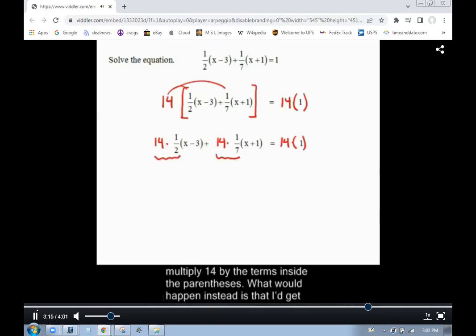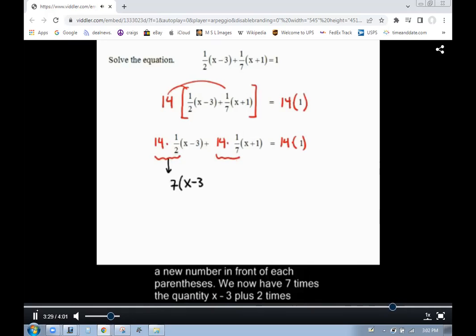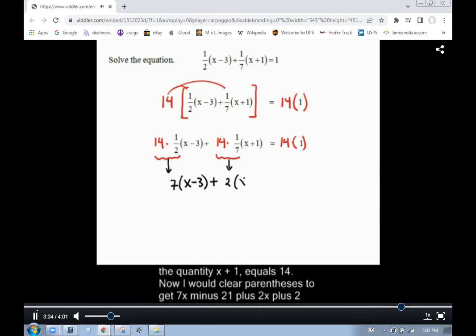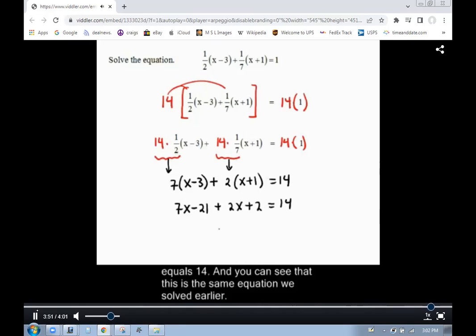I wouldn't actually multiply 14 by the terms inside the parentheses. What would happen instead is that I get a new number in front of each parentheses. We now have 7 times the quantity x minus 3 plus 2 times the quantity x plus 1 equals 14. Now I would clear parentheses to get 7x minus 21 plus 2x plus 2 equals 14. And you can see that this is the same equation we solved earlier.